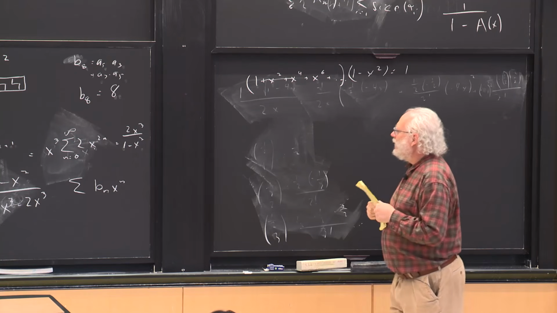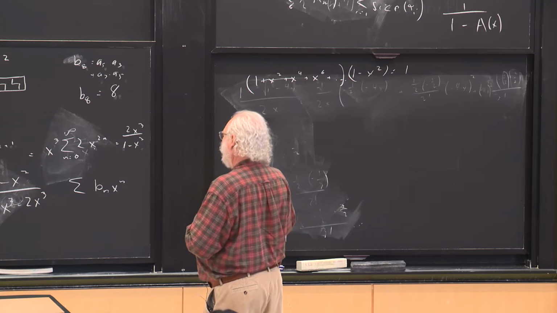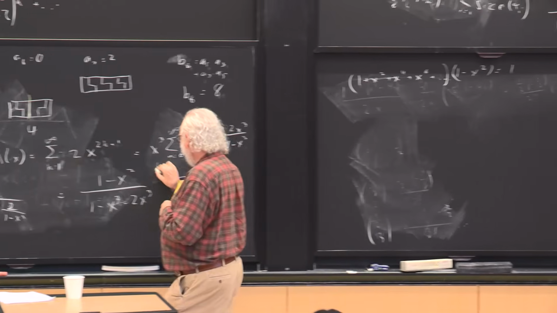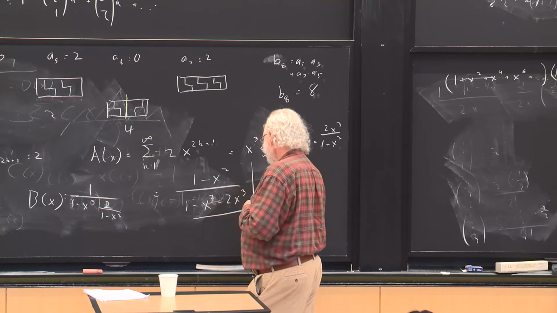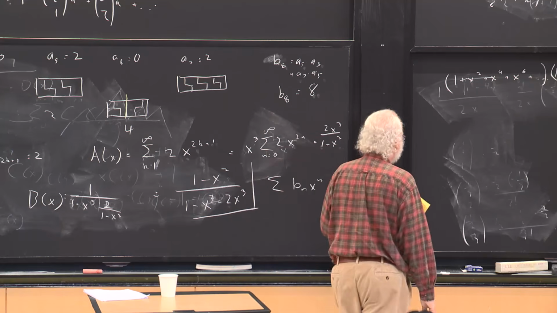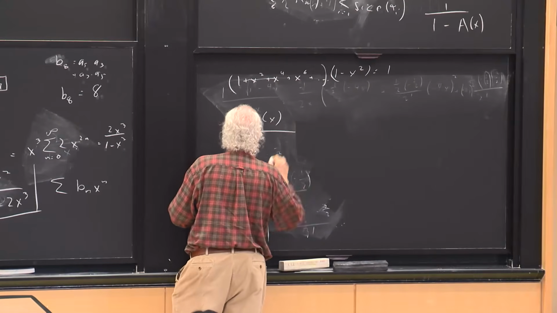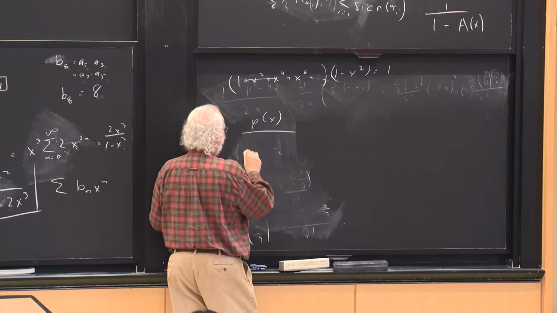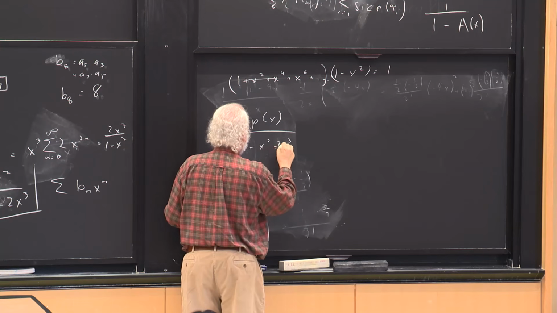Okay, so what did we have? I want to say that you can read off a recurrence from a generating function. So suppose you have P of x over 1 minus x squared minus 2x cubed.